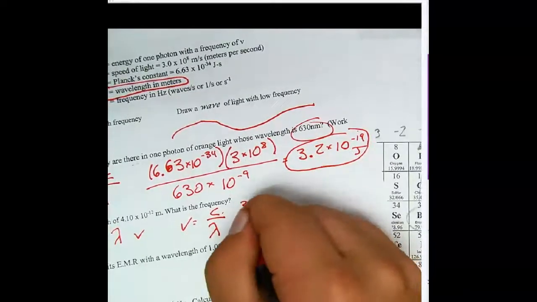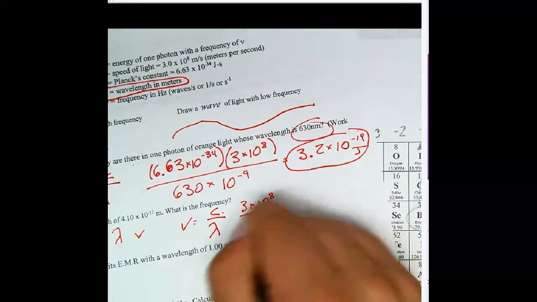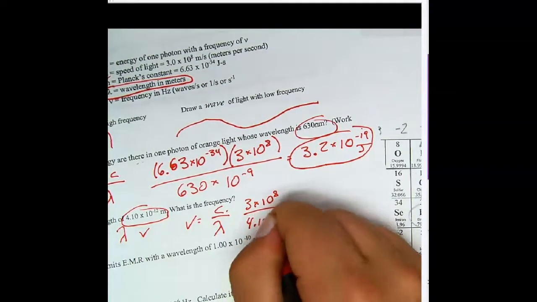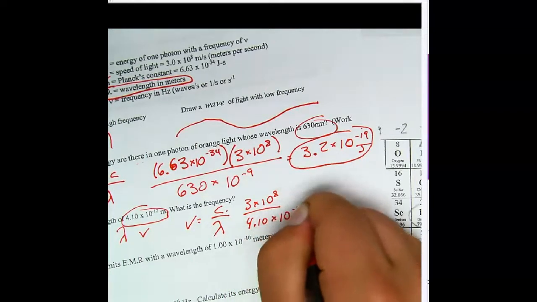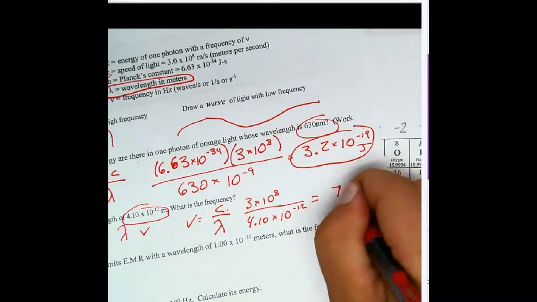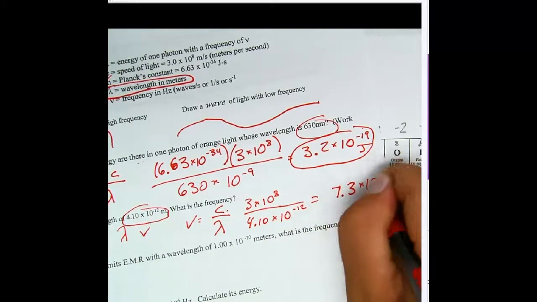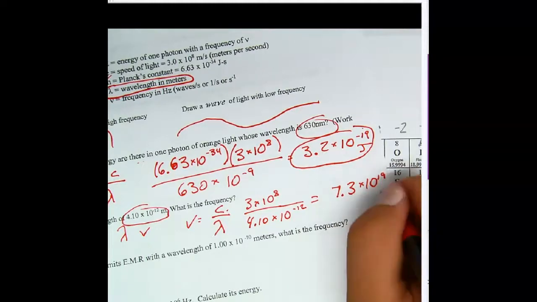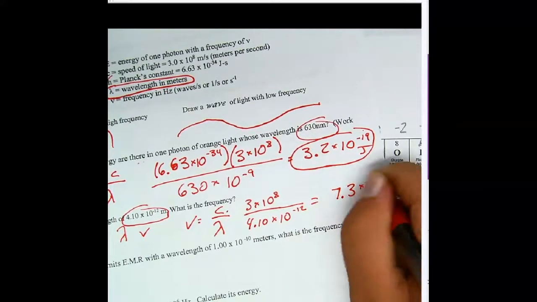That is 3 times 10 to the 8th, divided by the wavelength, which is given right there, 4.10 times 10 to the negative 12. So all we got to do is plug that into my calculator: 3 times 10 to the 8th, parenthesis, divided by 4.10 times 10 to the negative 12th. And I got 7.3 times 10 to the 19th. And that is frequency. So the unit for frequency is hertz.